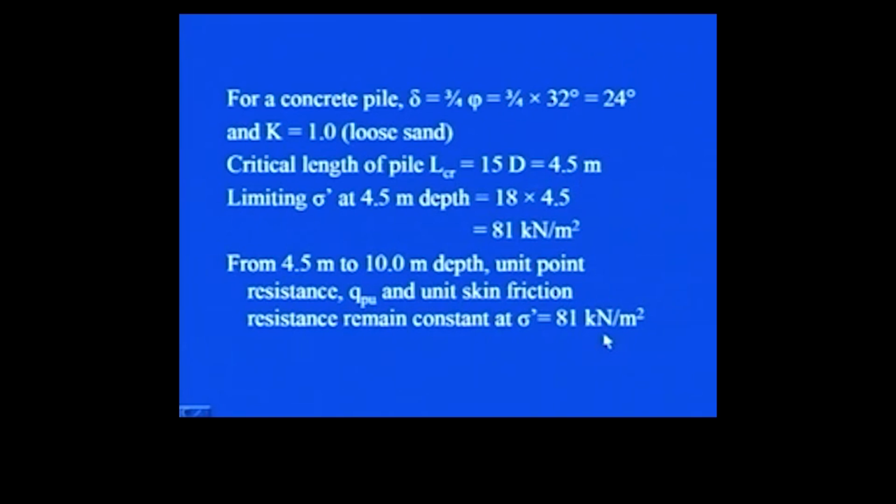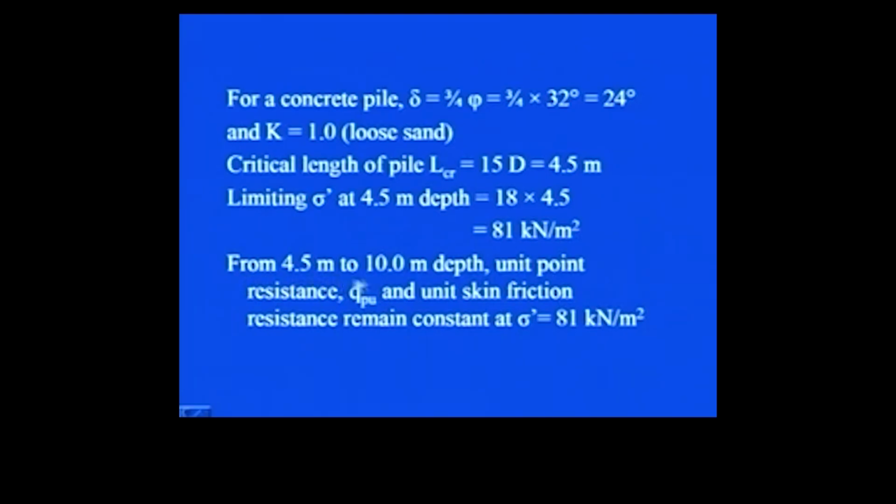So we know that from the ground surface till this depth of 4.5 meter, the overburden will be increasing linearly, and beyond this depth till 10 meter it will be constant. So limiting sigma prime at 4.5 meter depth will be your unit weight into this depth, which is equal to 81 kilonewton per meter square.